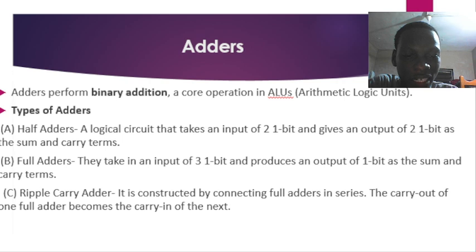A ripple carry adder is constructed by connecting full adders in series. The carry output of the full adder becomes the carry input of the next one. So it just works like the real life case of the ripple.